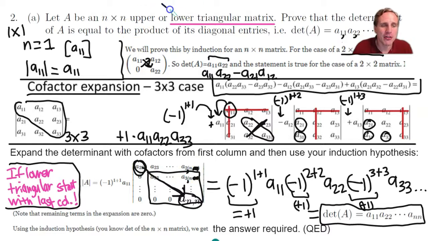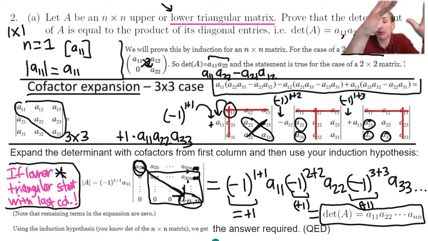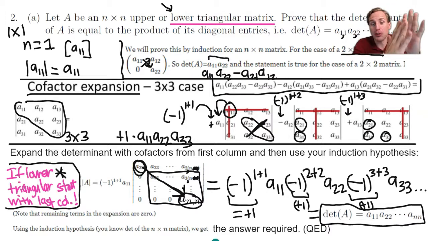So that's what I've got here in this pink color. But notice that in a lower triangular matrix, you start with the last column. So instead of starting in the upper left with the first column and then do cofactors down in a cascading way, you start with the lower right and then just cascade up. But you're still going to get A11 times A22 all the way times ANN.